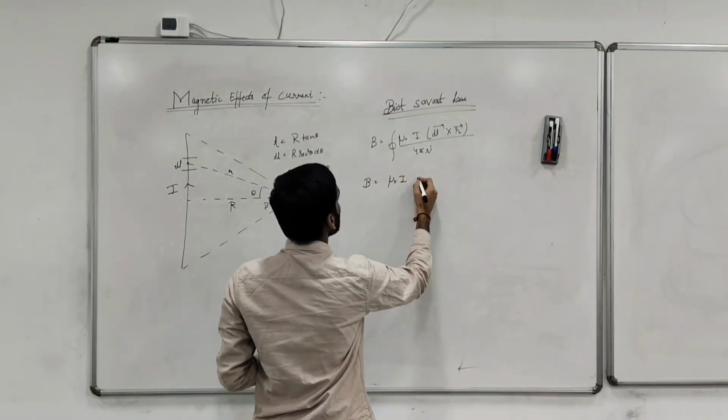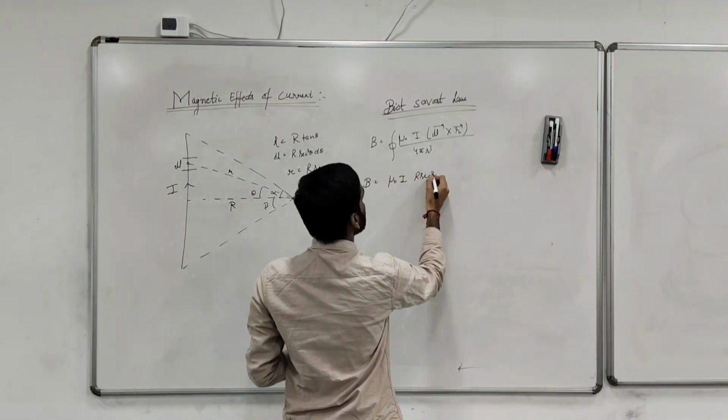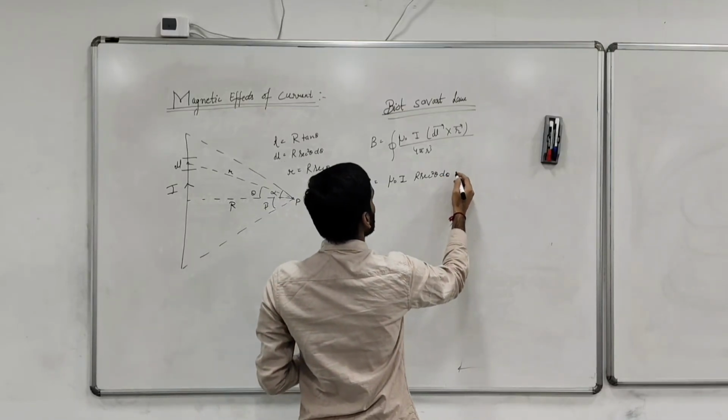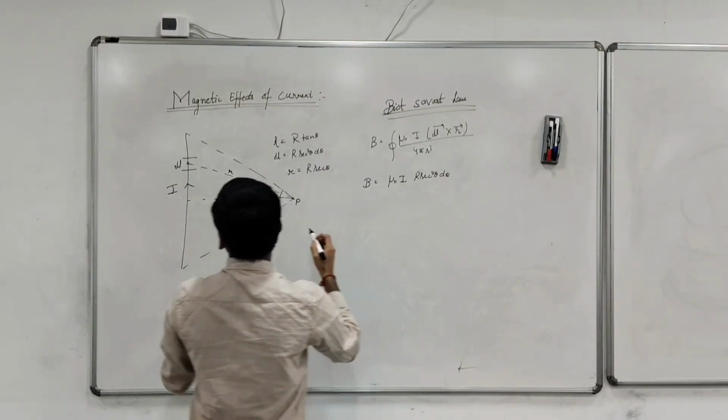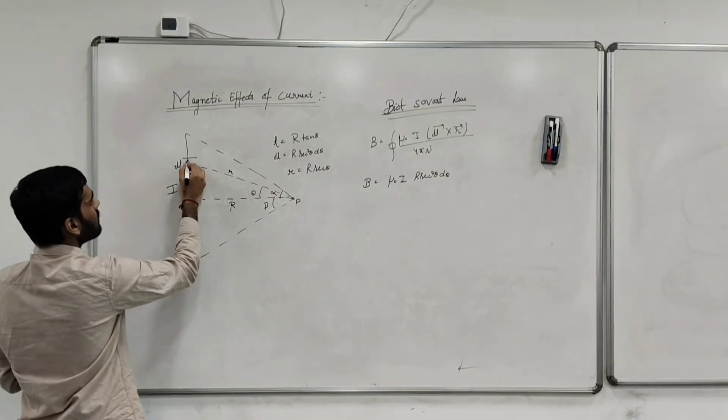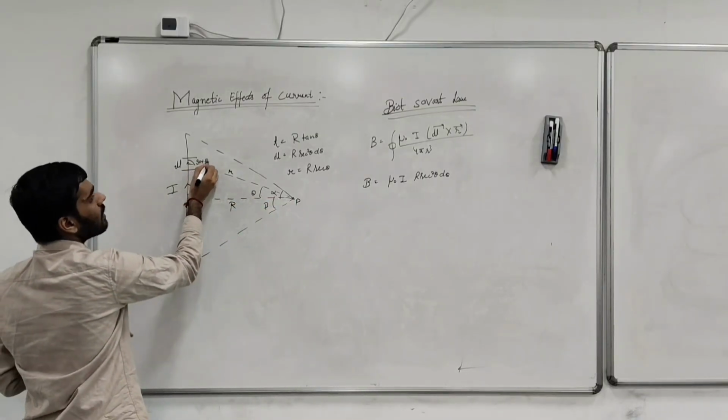dB is equal to mu naught over 4 pi, I, r sec square theta d theta. This is theta, this is 90, so this will become 90 plus theta.